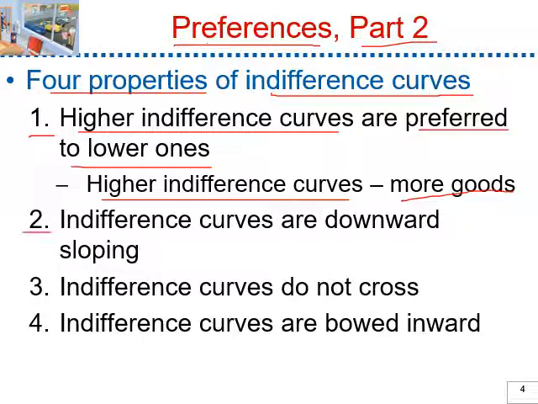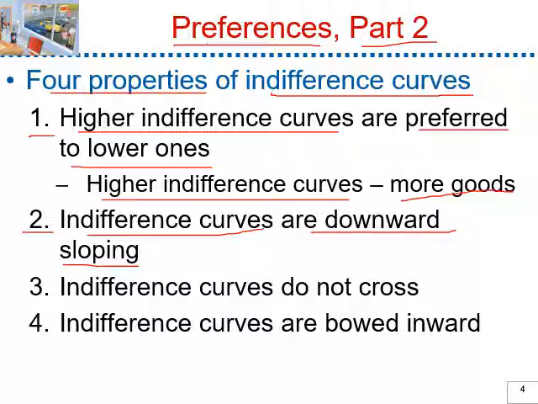The second property is that indifference curves are downward sloping, meaning they are negatively sloped. This reflects the slope of an indifference curve, which is the rate at which the consumer is willing to substitute one good for the other good.